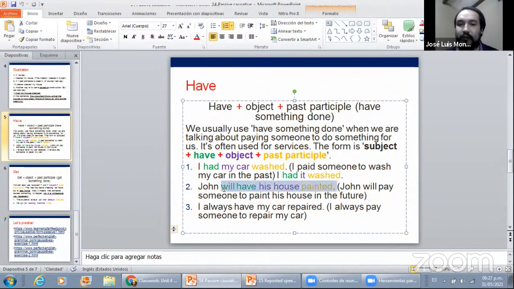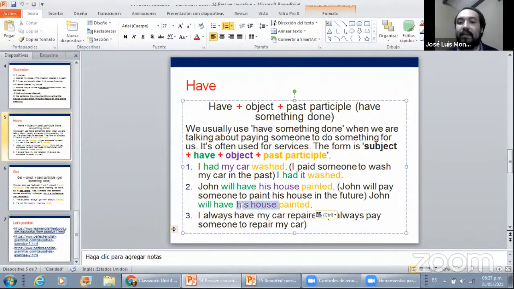It's the same. The same happens here. It's exactly the same to say John will have it painted, right? But I'm using now it because I'm mentioning the car twice. So it, his house, it.